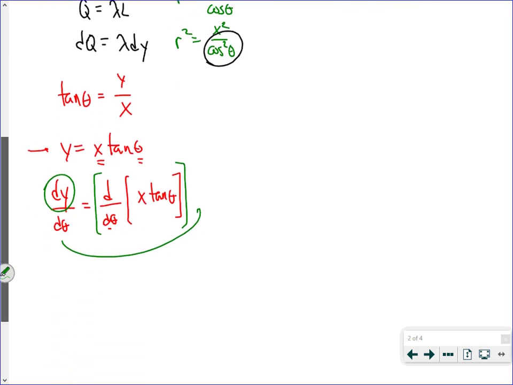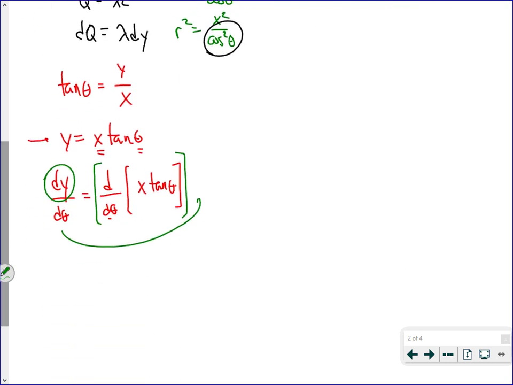Now remember, x is a constant, so we can say dy d theta is x times d tan theta d theta. We're much closer to a place where a lot of people can just say, well, I know the derivative of tan theta, because we memorize those sorts of things.